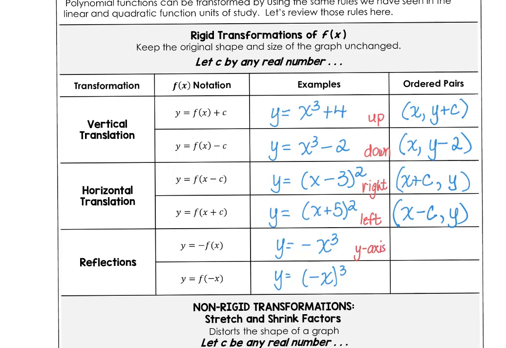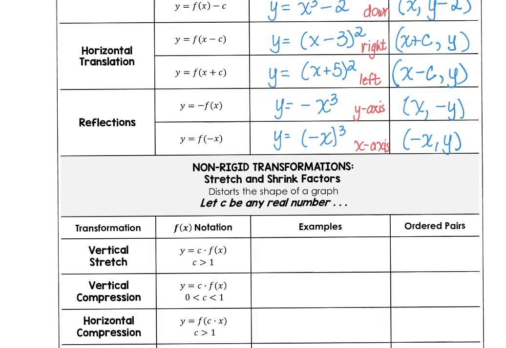And then the negative x, or negative 1 times x, reflects our graph across the x-axis. What happens to the ordered pairs? In this first case, we change the y. In the second case, we're changing the x. So those are ways to help us remember what's happening.